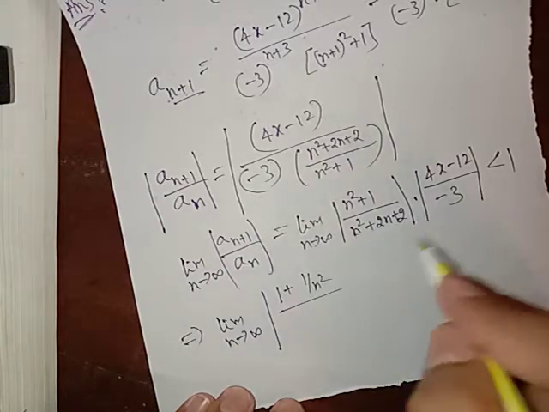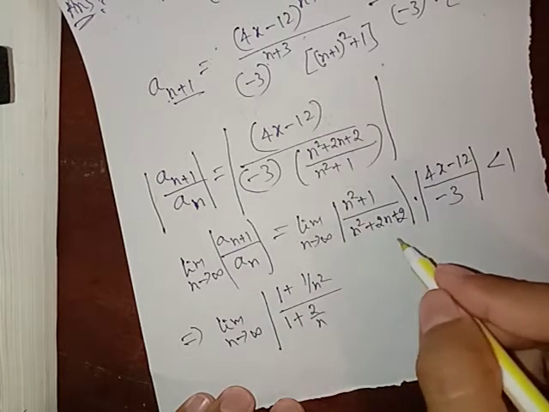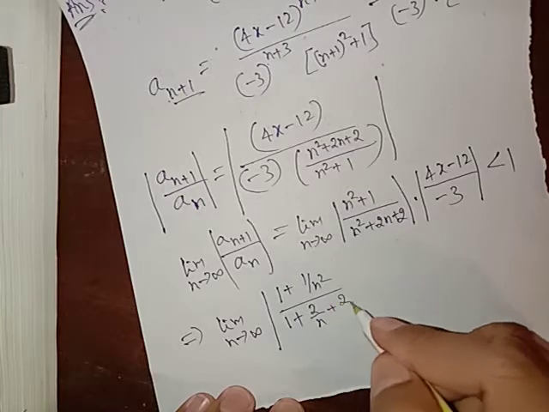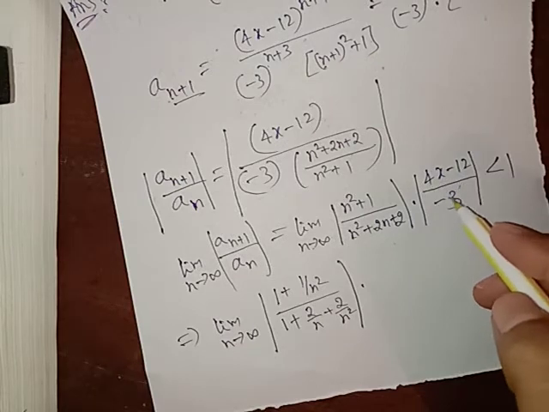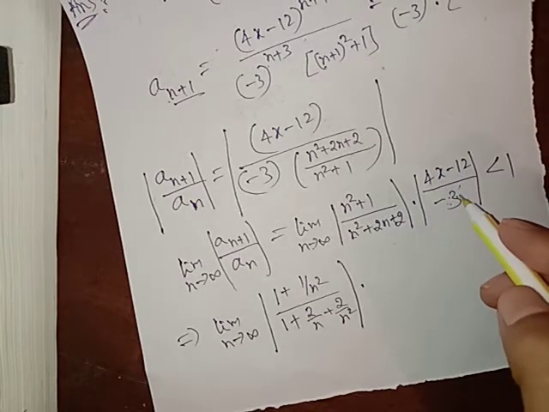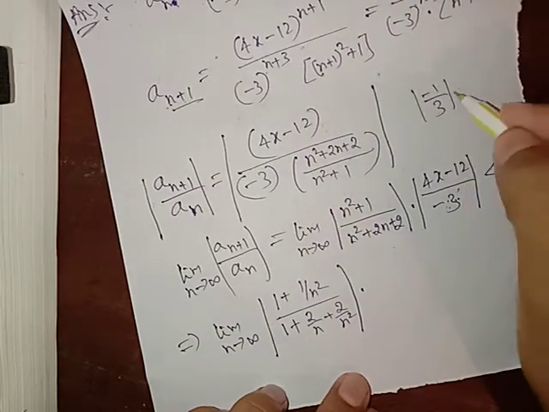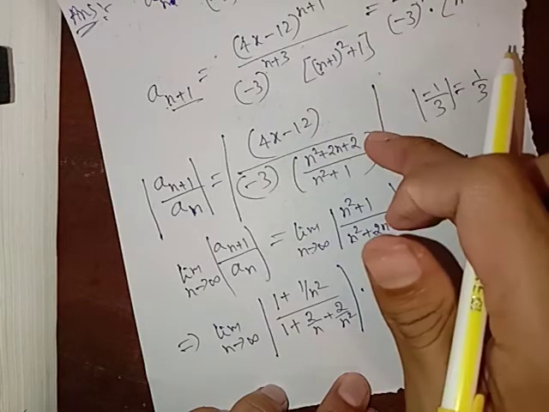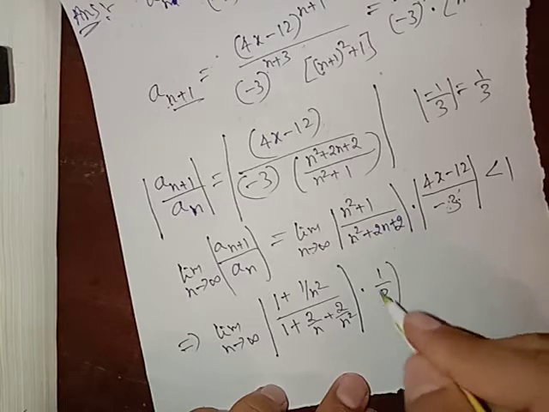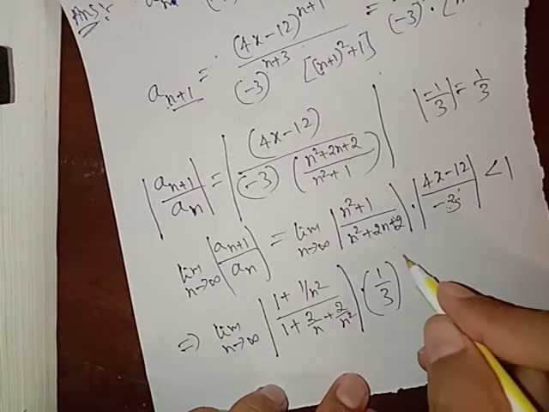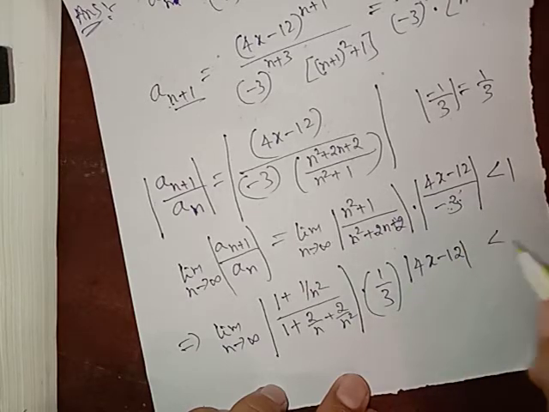If we divide this by n^2, we get 1 plus 2 divided by n plus 2 divided by n^2. Into here, minus 3. We can take 1 by 3 outside this modulus, and the modulus of 4x-12 is less than 1.